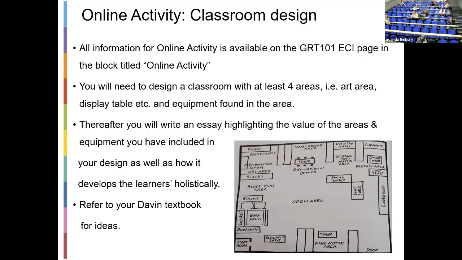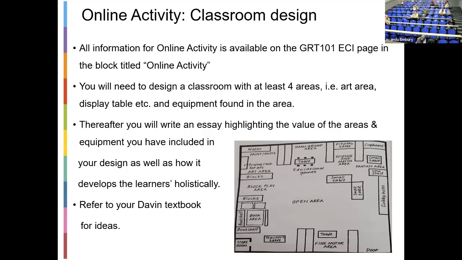So whatever will suit you best. But what's very important is that if there's a shelf, you need to label it shelf because it will obviously just look like a rectangle from above. You need to say chair, table, board. You can either label the equipment found in the area.